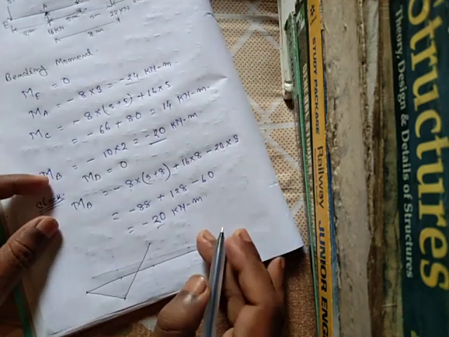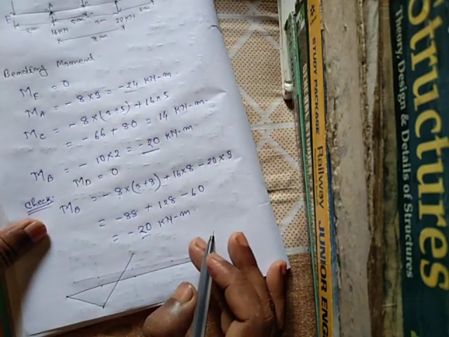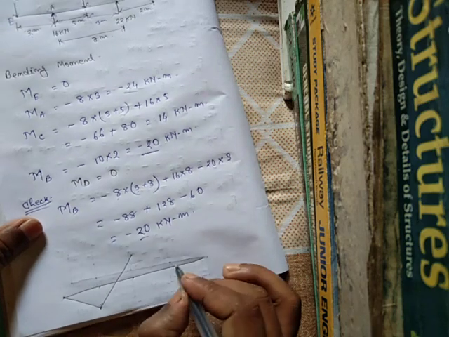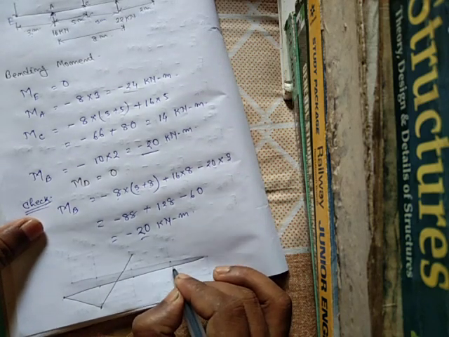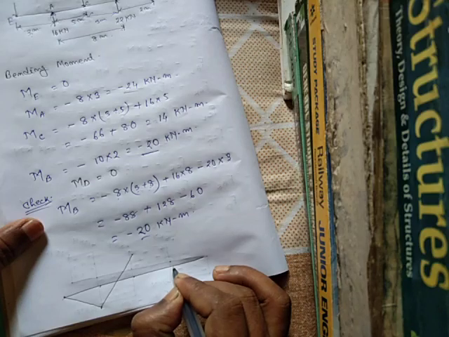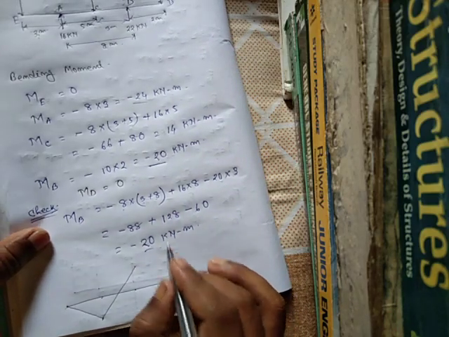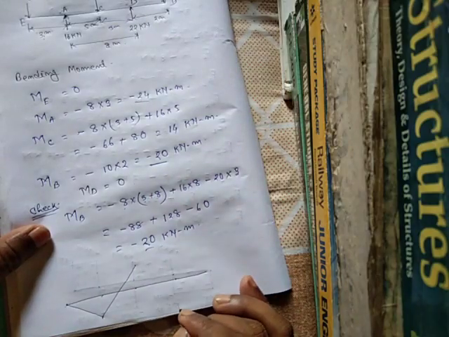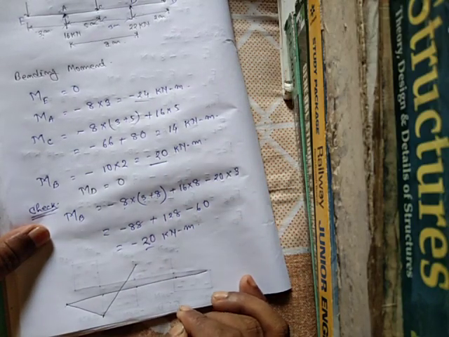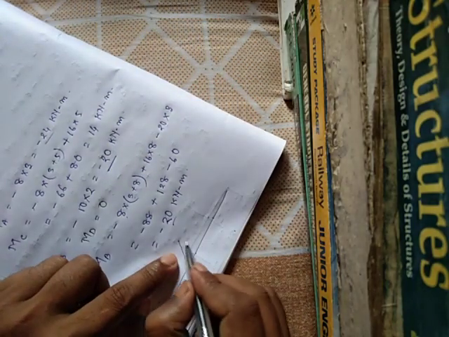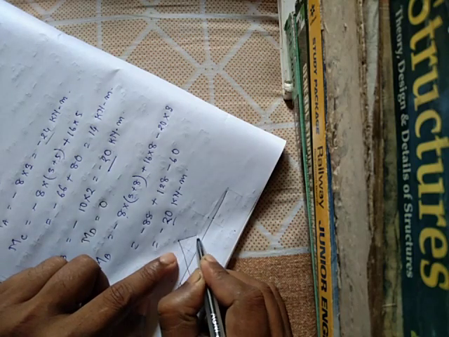Bending moment at point B is minus 20 kilonewton meter, so minus 20 is here. So draw the linear diagram.